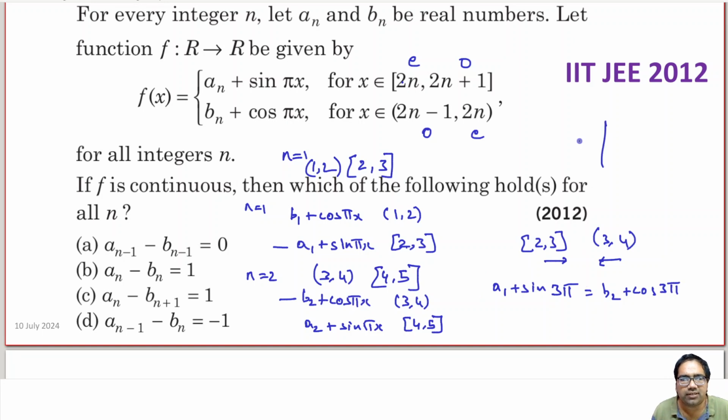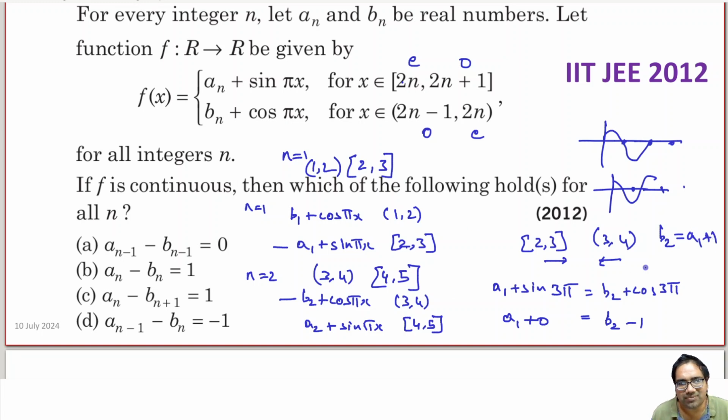We know what our sine graph is like, and what our cos graph is like. Cos pi, cos 3 pi, all of these are minus 1. So b2 minus 1 is equal to a1 plus sine of all multiples of pi, and these are zeros, so a1 plus 0. What exactly are we saying? b2 equals a1 plus 1.